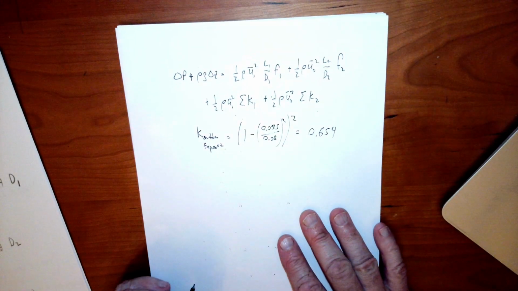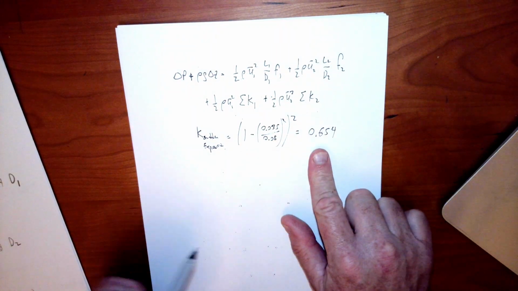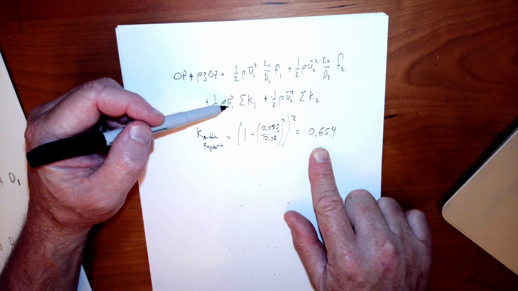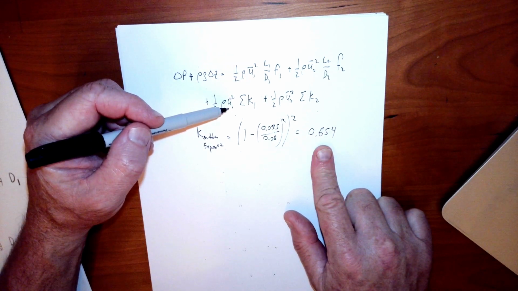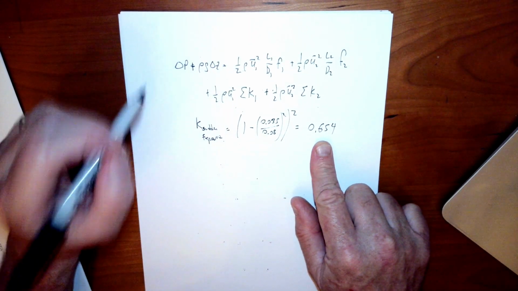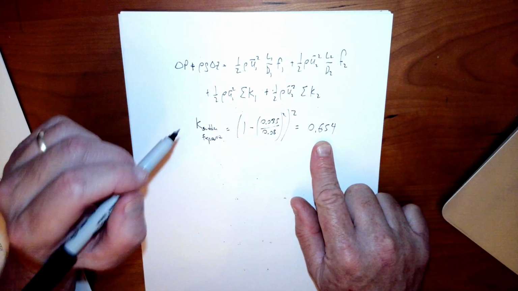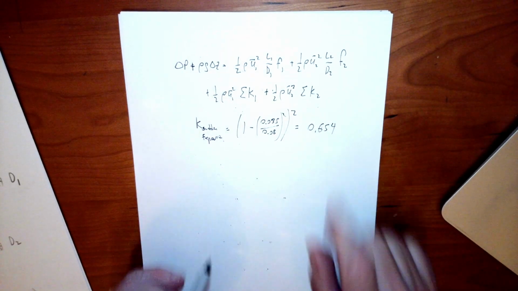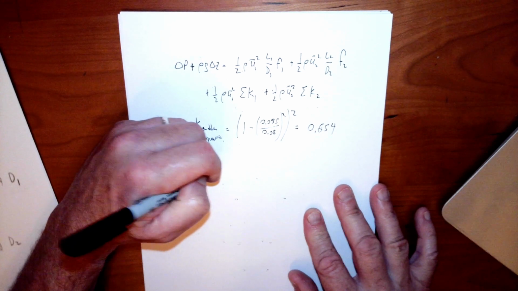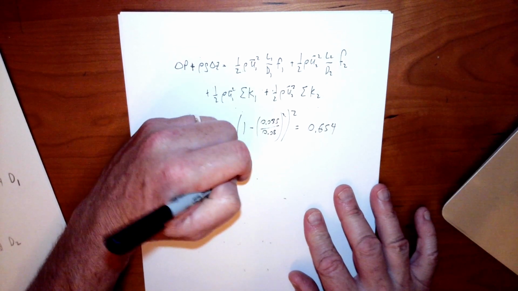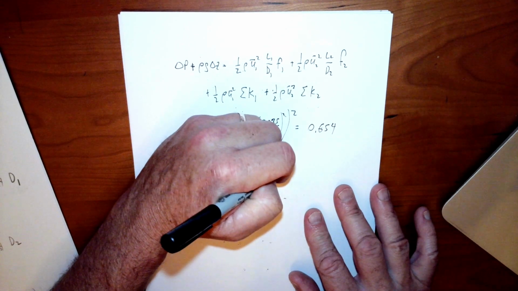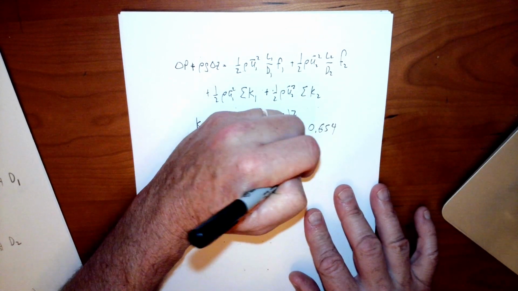So that's one of my coefficients, and that's associated with the first velocity, the larger velocity related to the smaller diameter. For the sudden expansion loss coefficient, we are supposed to use the velocity from the smaller section along with this K. So that's going to be a K1. So the sum of K1s are going to be the 0.654 for the sudden expansion, the 0.6 for bend 1, and the 0.7 for bend 2.